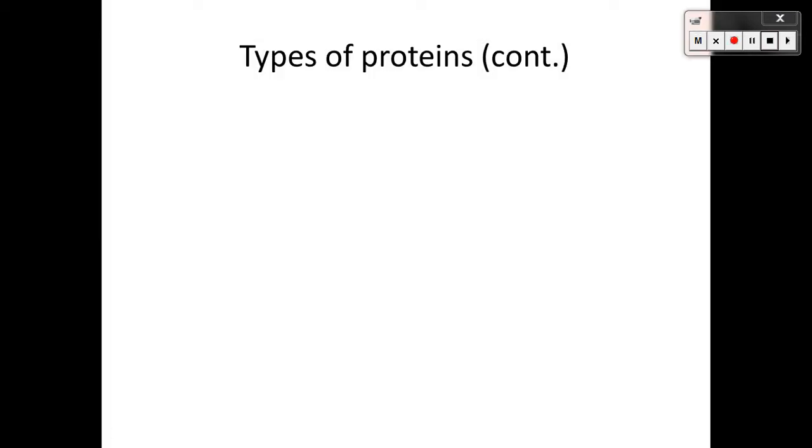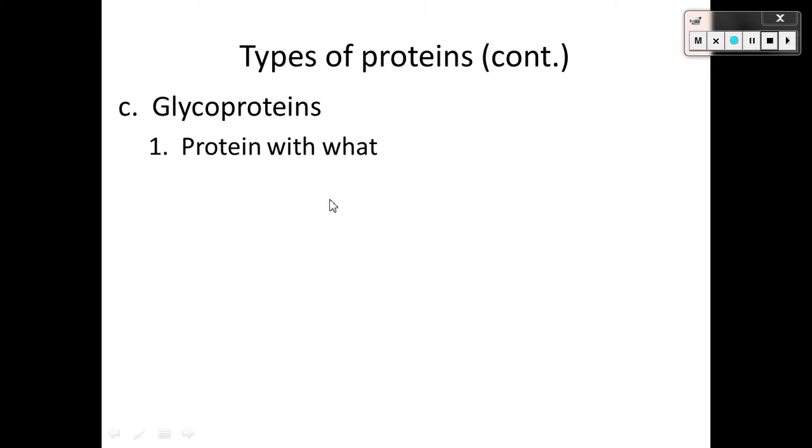Alright, so the third type we're going to say are our glycoproteins. Now these glycoproteins, I sometimes refer to them as the love child of two different macromolecules that came together. So if you'll recall, glyco, let's just break the word in half. Glyco sounds a lot like something else we know, maybe glucose or glycogen.